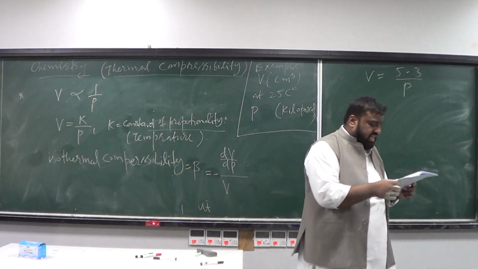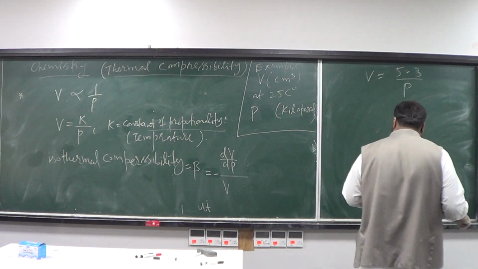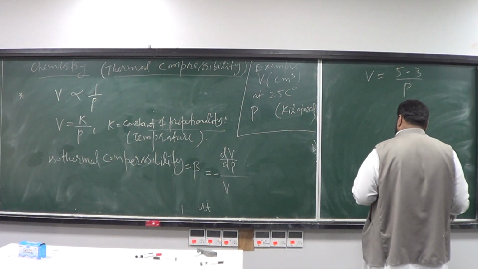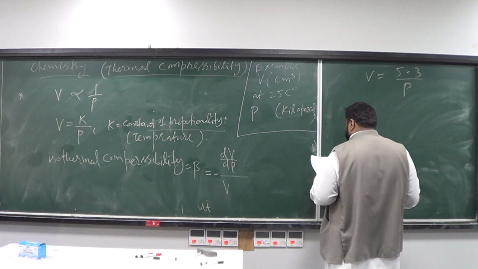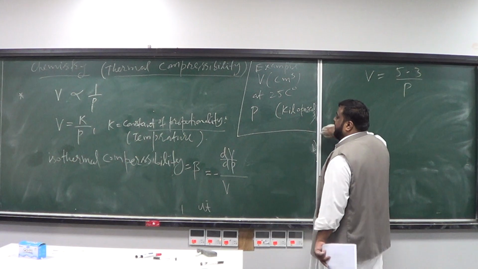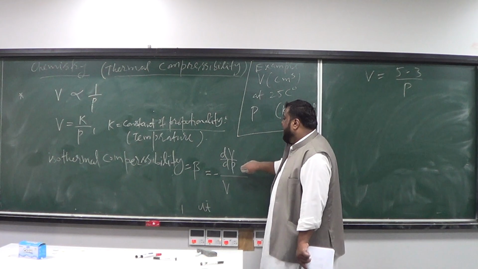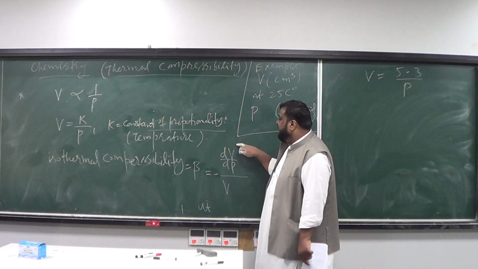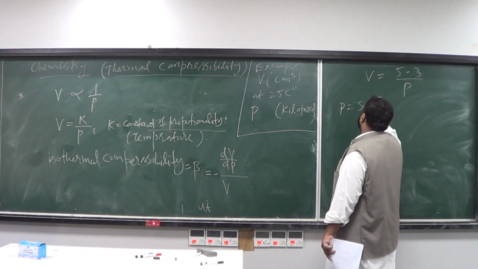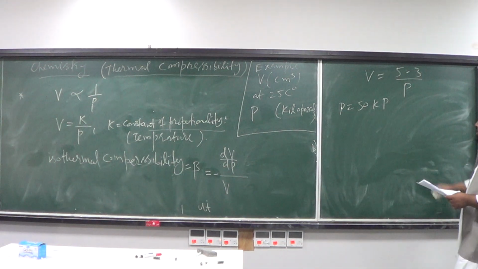We could take a container and talk about that. So you have this equation. Now let's compute this isothermal compressibility. In other words, let's compute how fast the volume of the air will decrease when the pressure is 50 kilopascal.